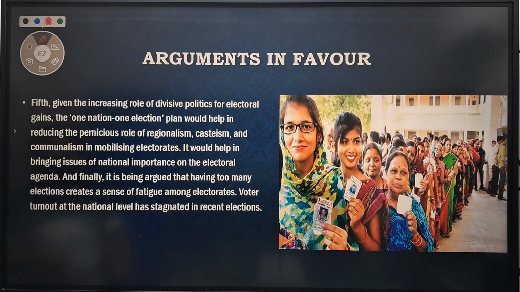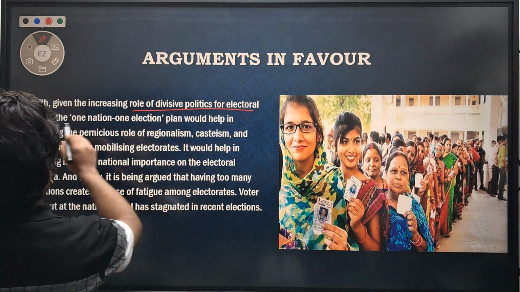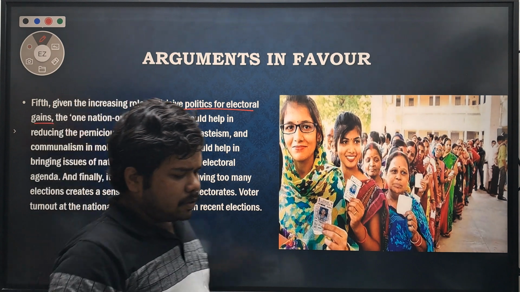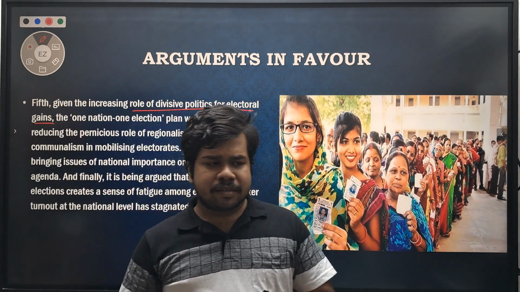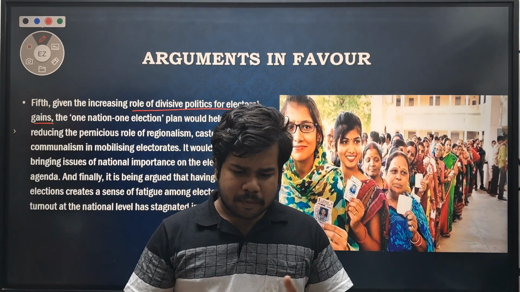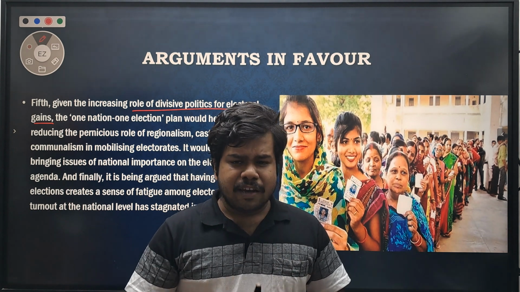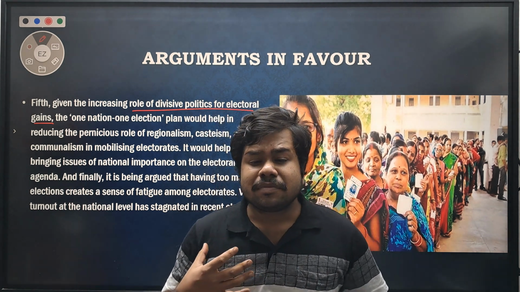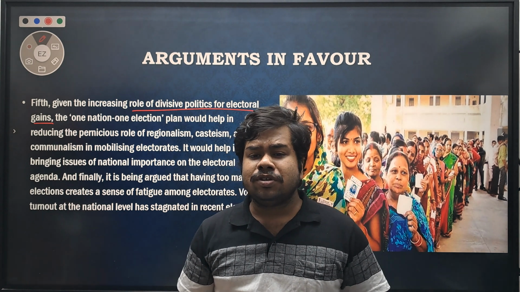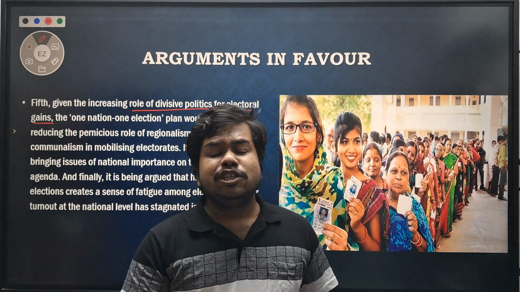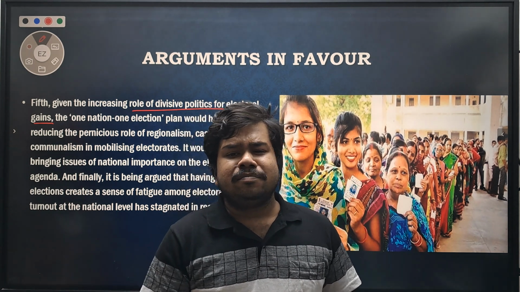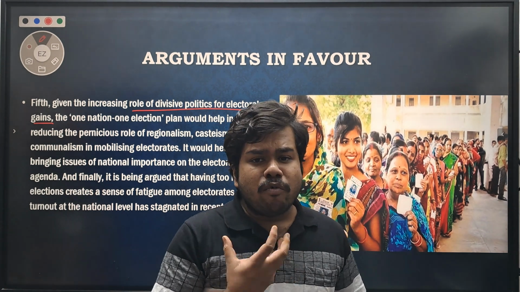Given the increasing role of divisive politics for electoral gains, parties start shifting their ideological stances. They start asking for votes on regional issues. They augment regionalism, communalism, casteism, all these things in the name of gaining more votes.